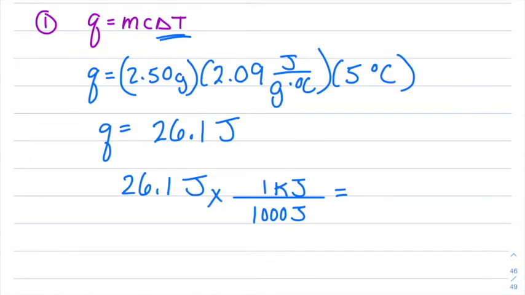And I'm going to call this 0.0261 kilojoules. Any questions on how I did that conversion between joules and kilojoules?